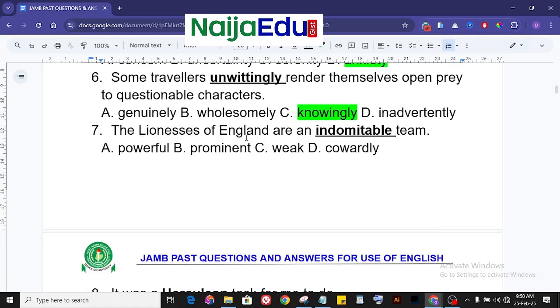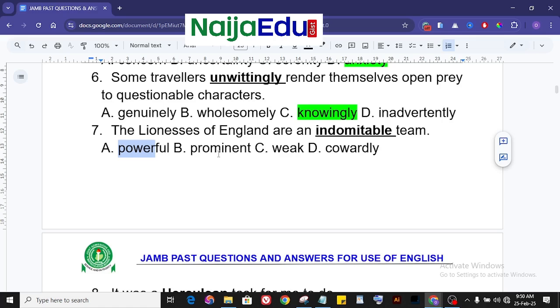When you say something is indomitable, it means it is unbeatable, it has a strong will. That is what it means. So when something is strong, that is what indomitable means. Powerful is also similar to indomitable.